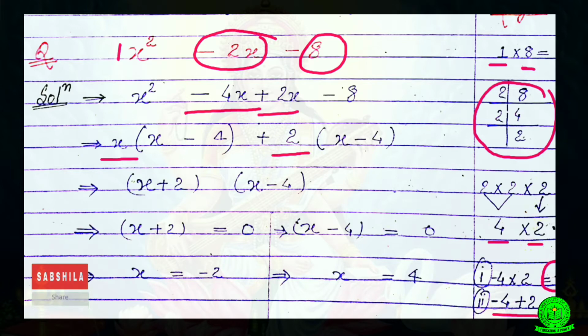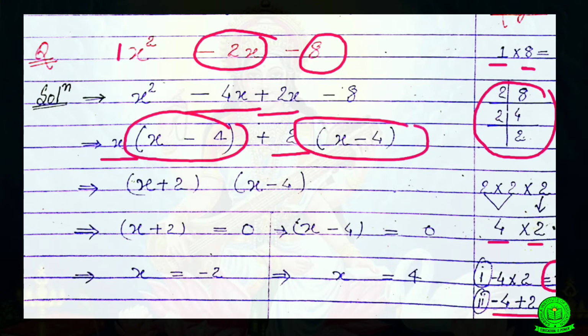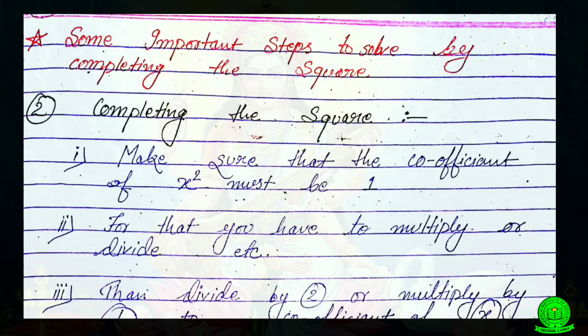One more thing I want to tell you is that this bracket should be equal to this bracket. So here is x plus 2 and x minus 2. I have two brackets. If we solve, then you will get x is equal to minus 2, and here x is equal to 4.